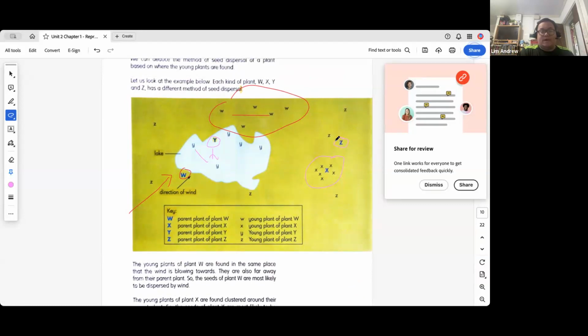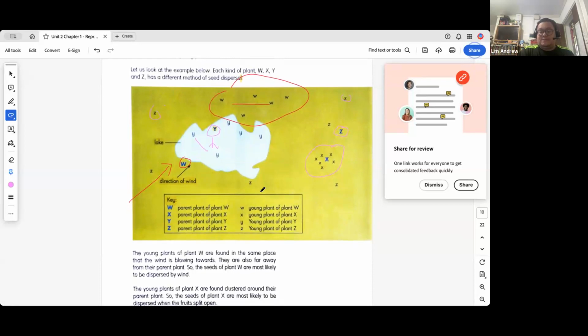Only animals can walk around north, south, east, west with no direction, and therefore you will see the Z baby plants scattered all around the map. This is how we differentiate and categorize them into their seed dispersal methods.